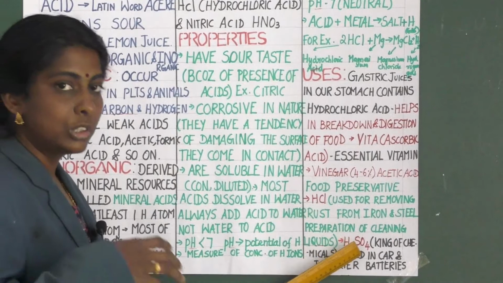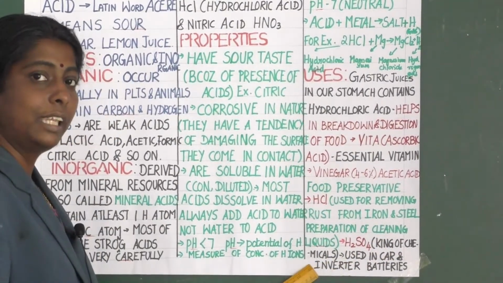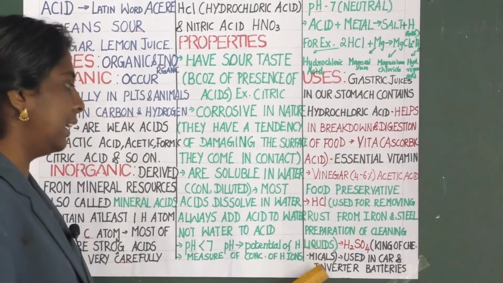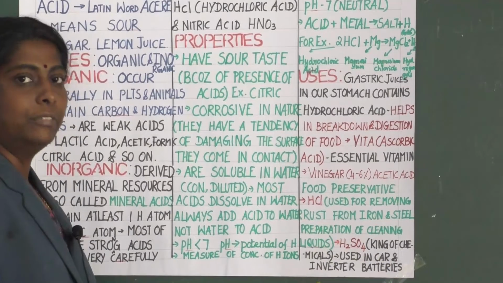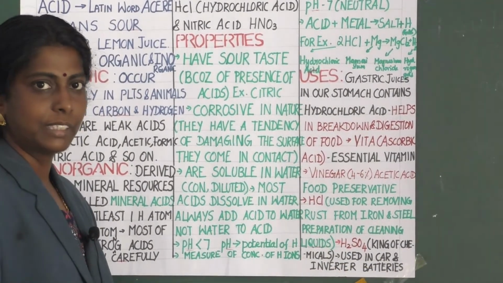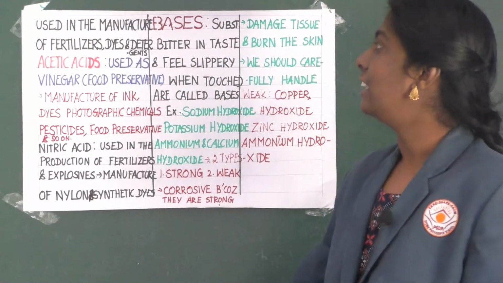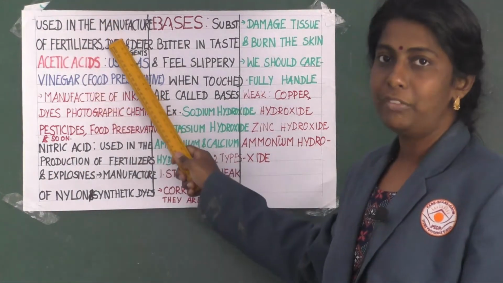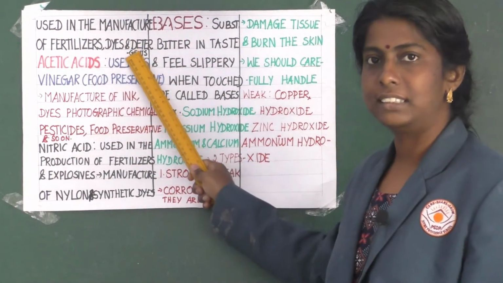It is said to be the king of chemicals. Sulfuric acid is used in car and inverter batteries. Clear, children? Sulfuric acid is also used in the manufacture of fertilizers, dyes and detergents.